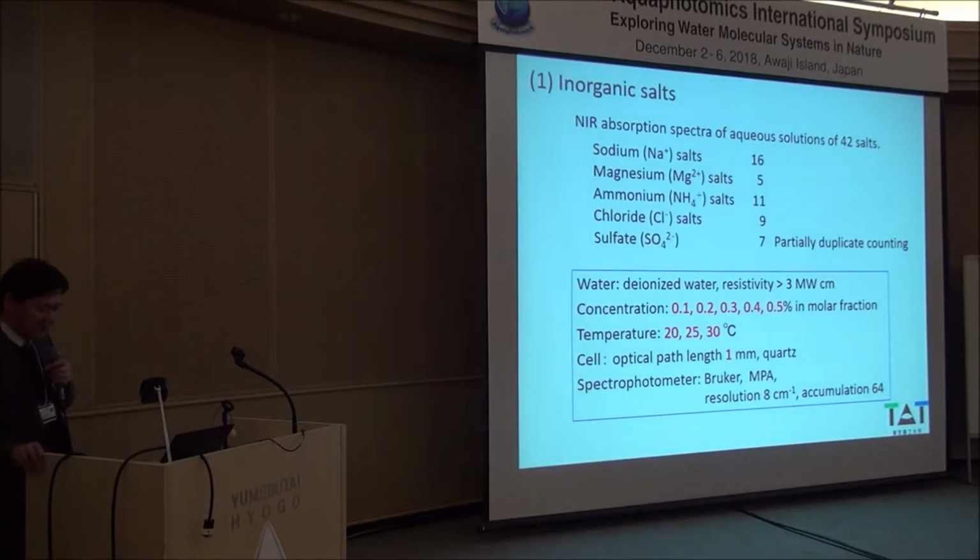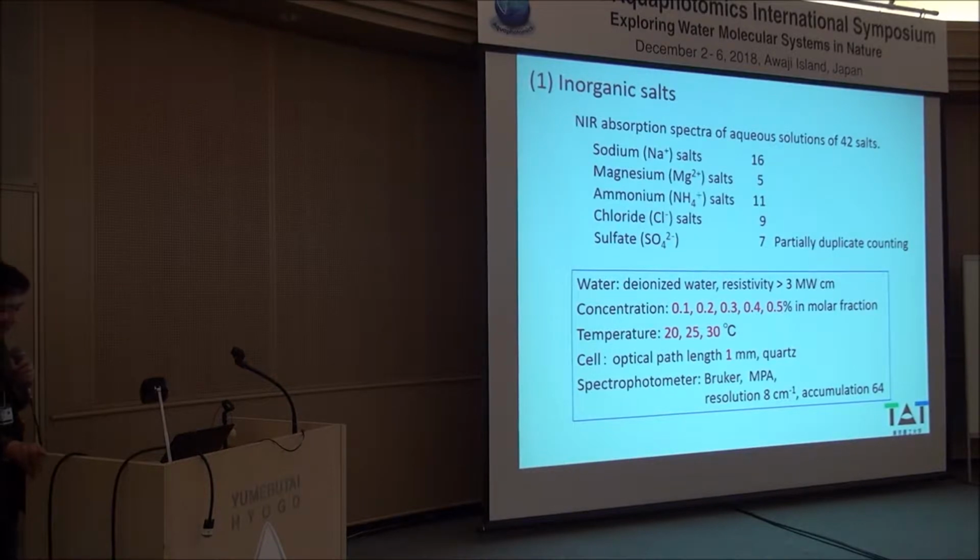Firstly, inorganic salts as solutes. We measured near-infrared spectra of aqueous solutions of 42 salts, shown here: 16 sodium salts, 5 magnesium salts, 11 ammonium salts, 9 chloride salts, and 7 sulfates.